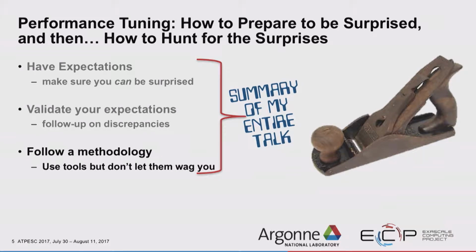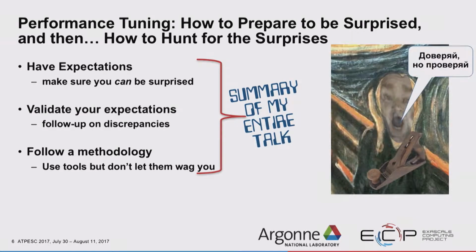And these three things, I think, sum up what all the different random things I'll talk about during the talk in different orders. I won't necessarily follow this in exact order, but these are the three key things to me in performance tuning. One is that when you're working with an application that you actually have expectations. The other is you try to validate those expectations. Another is you're following a methodology.